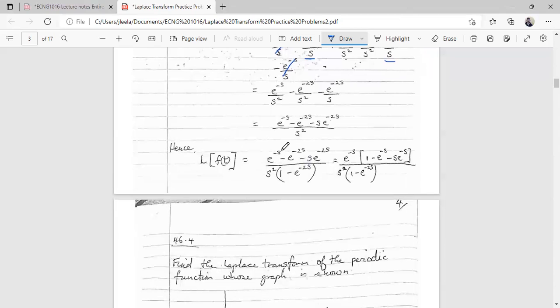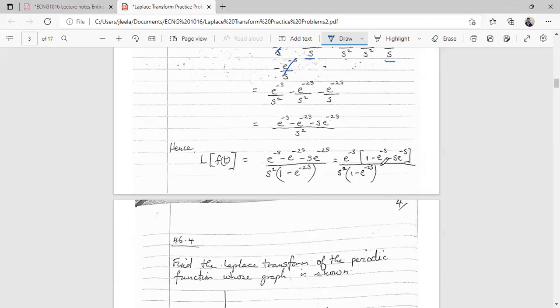So all you do is you take this here and you divide it by 1 minus e to the minus 2s. So that is the same as e to the minus s minus e to the minus 2s minus s e to the minus 2s over s squared into 1 minus e to the minus 2s, right?